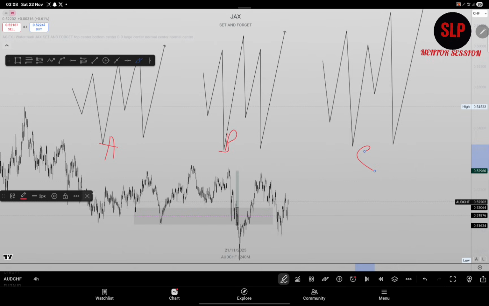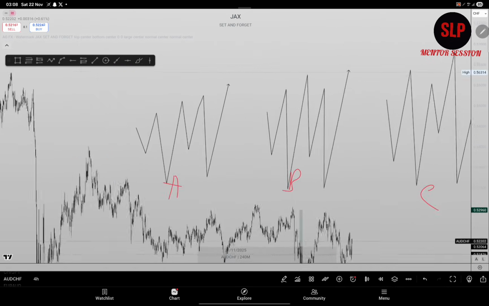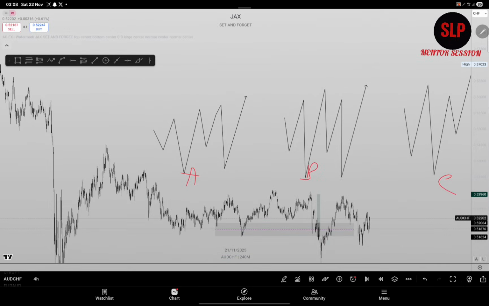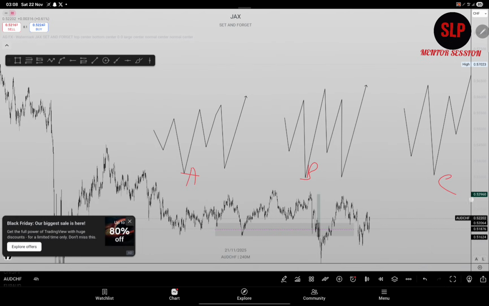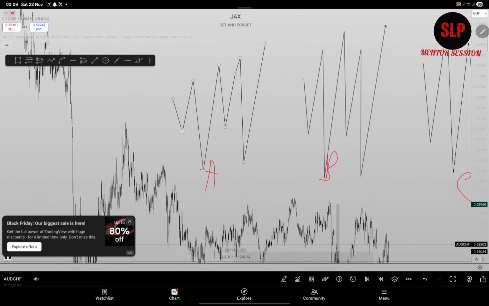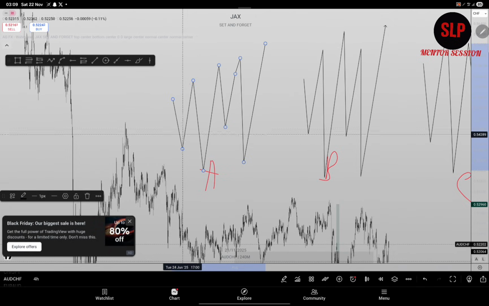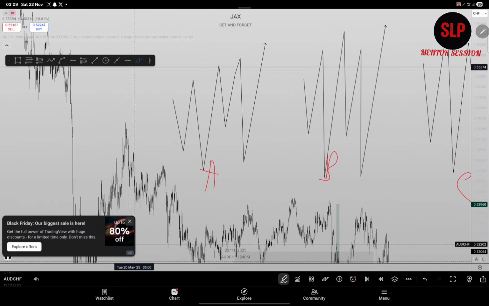But let me explain what makes them different, because in QMR you don't need to cram the pattern. You need to just understand the concept the pattern is built on. So on the A plus setup right here, you can see we had the low, and the low got swept. So this right here is the sweep.